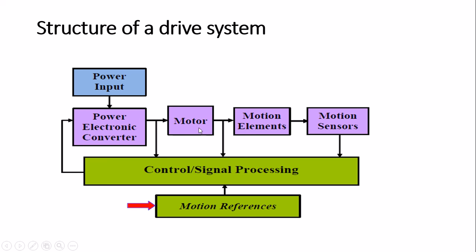Definitely we have some motion element here. The motion element is sensed using some sensors, and whatever the sensor senses from the motion element goes through signal processing, and here we are taking some reference input. This is the control unit of the drive.